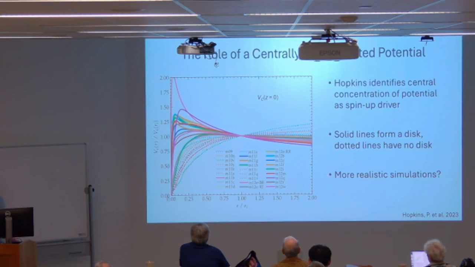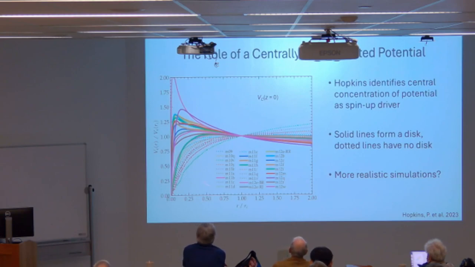Some of these tweaked parameters include varied radiative cooling and heating physics. He worked with feedback and star formation, and in particular, he also modified the potential. And what he concludes in this study is that the central concentration of the galaxy potential matters.